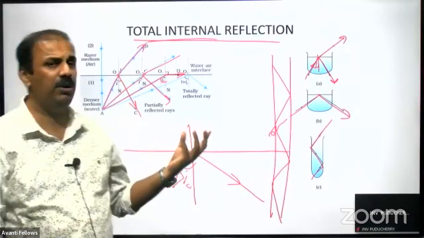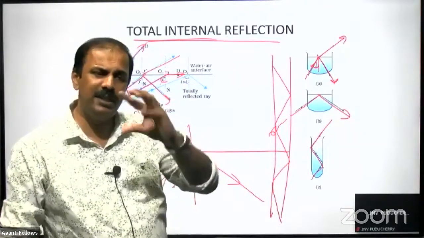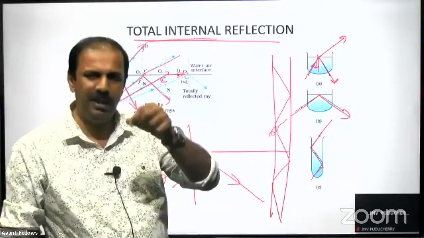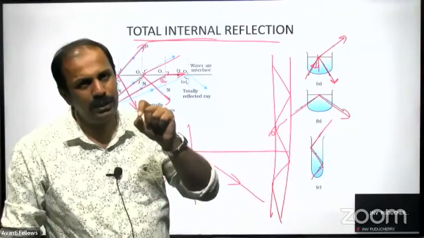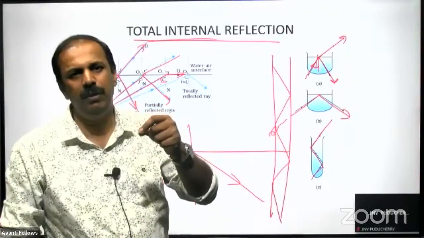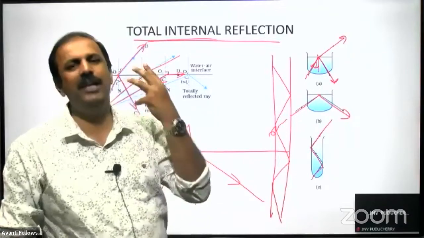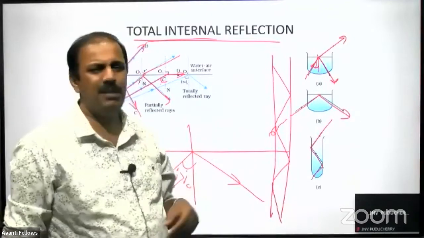The reason is this: when a bubble is inside water, the outside water is the denser medium and the bubble is the rarer medium. So when the light tries to pass from the water to the bubble, from denser medium to rarer medium, total internal reflection will happen. The entire light will reflect back so that we feel it as silver color. So many examples are there like that.